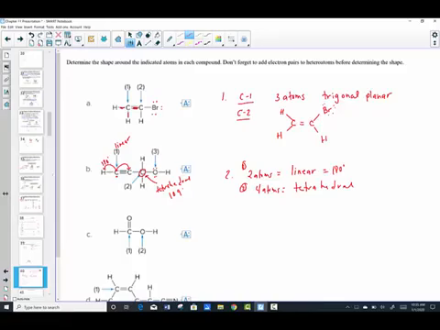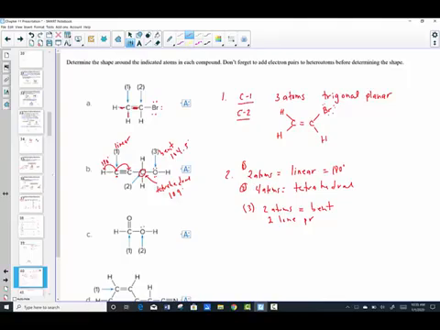And then you can see that the oxygen, which is the 3rd structure we're to label, is bonded to 2 atoms with 2 lone pairs, giving us a bent molecular geometry. And so this right here is considered to be bent, and its geometry would be about 104.5 degrees for the bond angle.